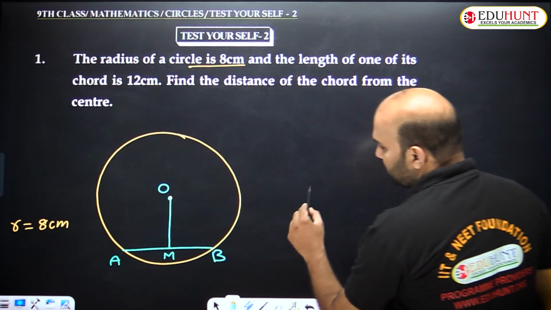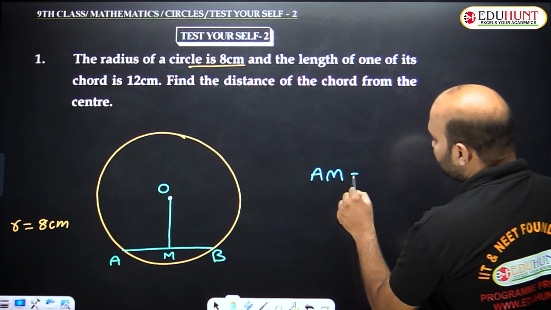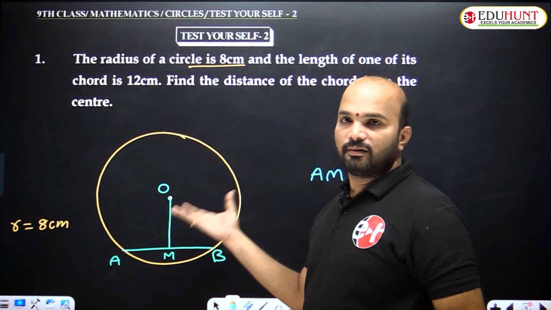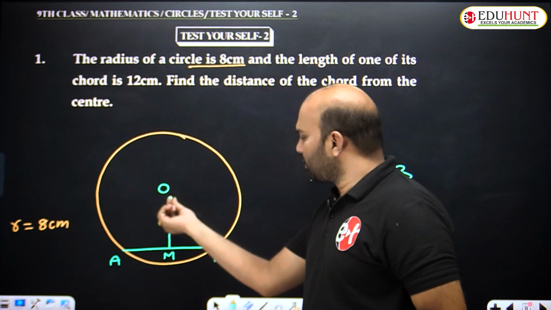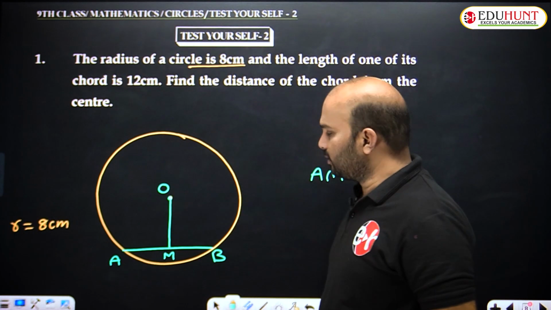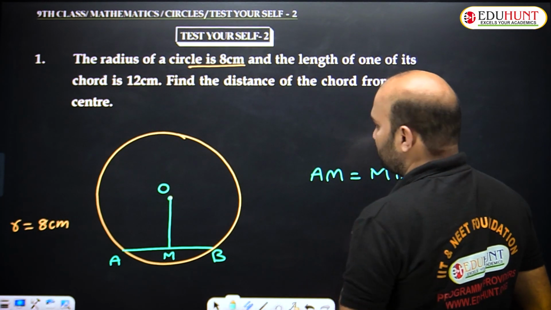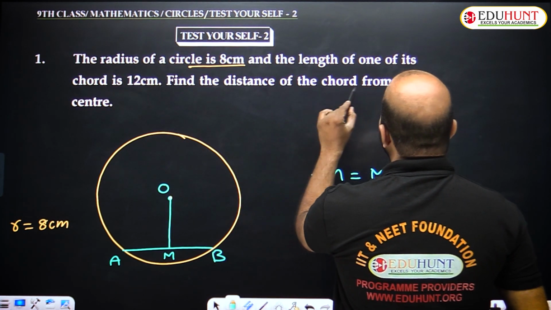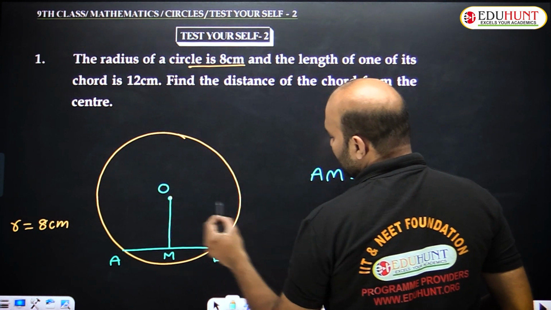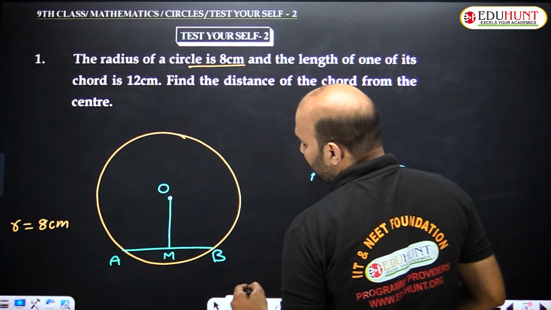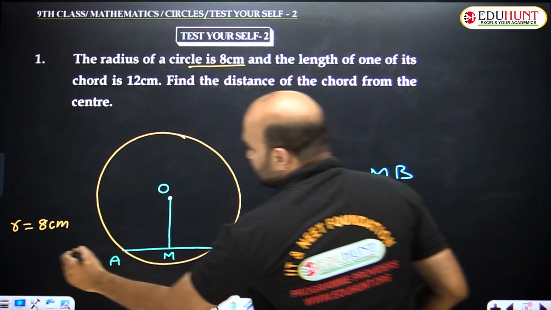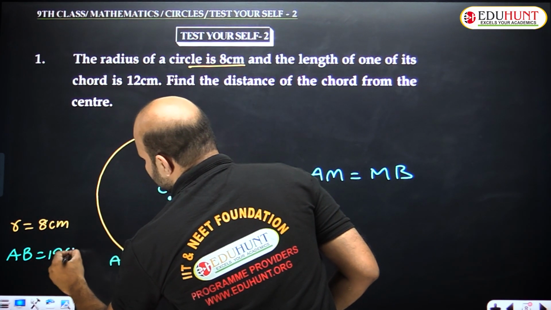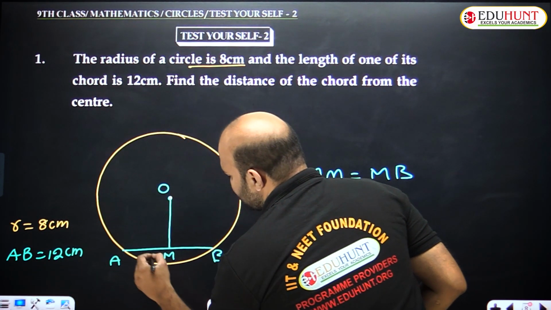That means here AM equals MB. What am I asking? The distance between the chord and the center, so OM is asked at the end. But AB length, how much is given here? AB equals 12 centimeters given. So that means AM is 6 centimeters.